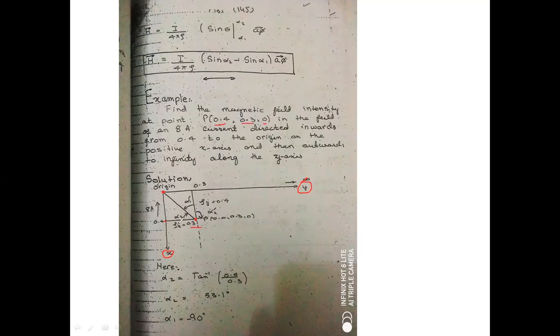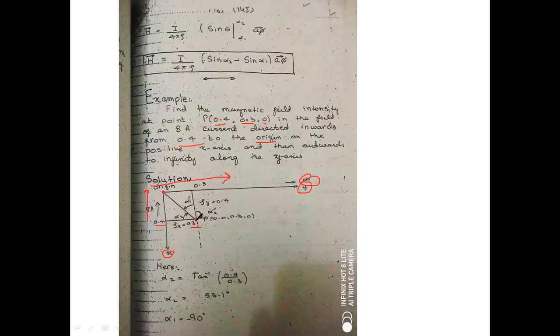So this is the point of observation, and the current direction is from the point 0.4 to the origin. First we have 0.4 to the origin, and then it is diverted along the y-axis, the right side, and up till infinity.